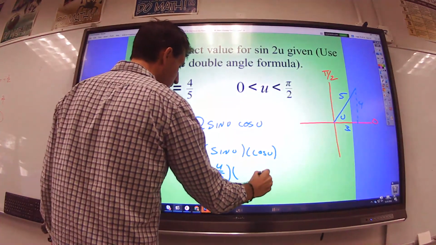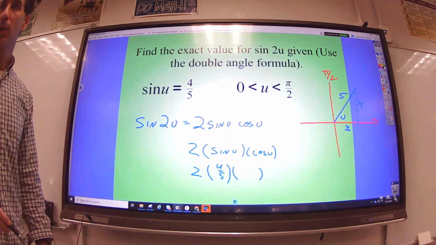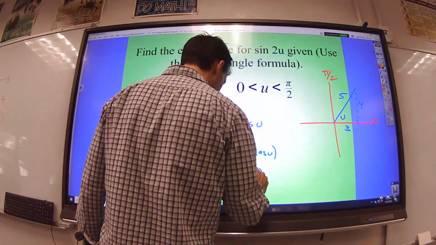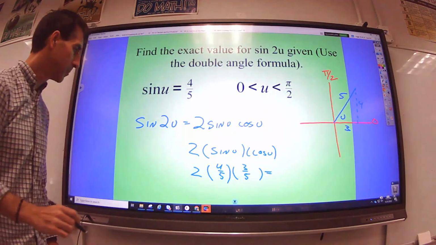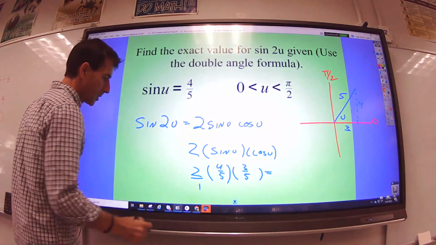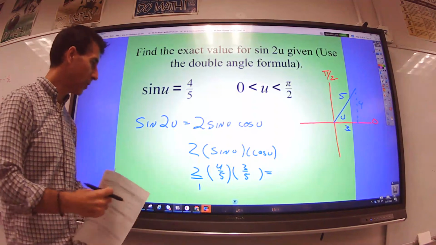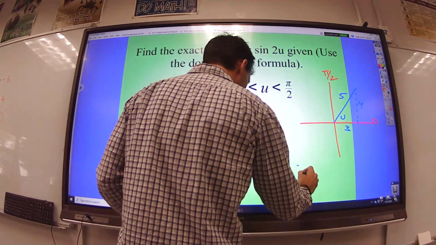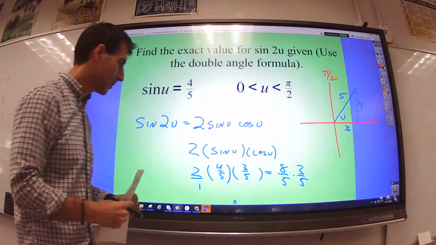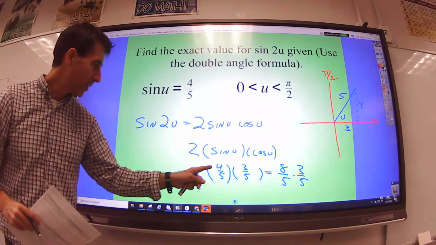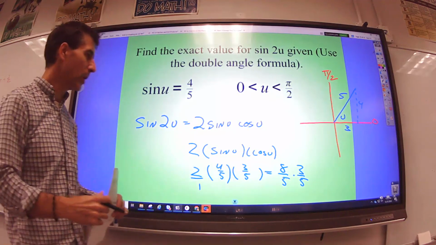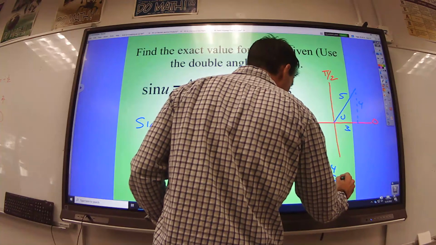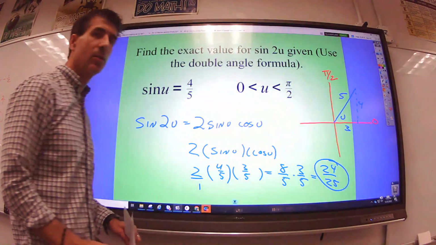What is cosine of u now? 3 over 5, adjacent over hypotenuse. Let's multiply these first. 2 times 4 is 8. 1 times 5 is 5. So it's 8 over 5 times 3 over 5, which is what? Positive 24 over 25. And that is your answer.